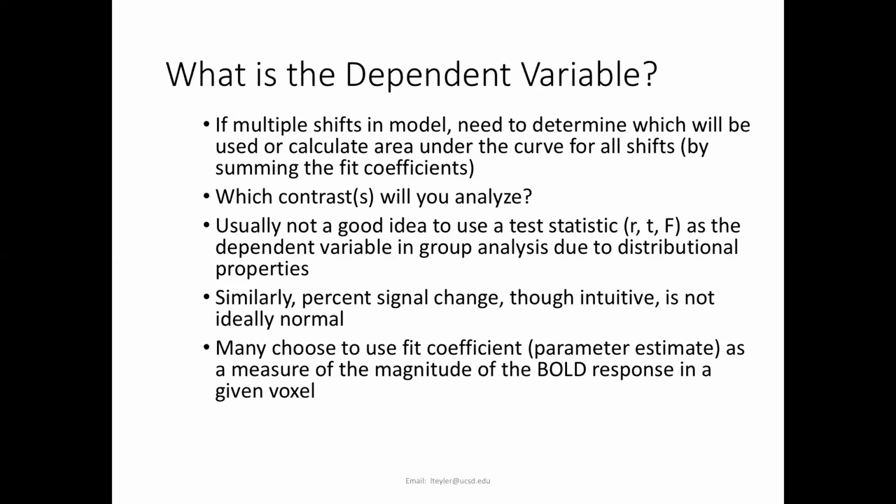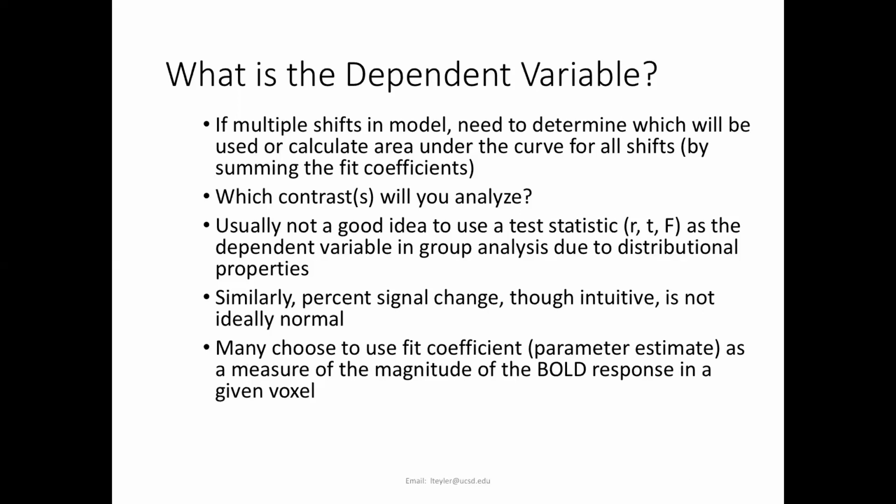Percent signal change is nice because it's very interpretable. You can say this is how much the signal went up when this kind of stimulus came on, and it's a really good thing to show in graphs and to paint on the surface of the brain. But it's not necessarily the greatest thing to put in as your dependent variable in group analyses, because percent signal change is truncated, and it usually doesn't have a great distribution.